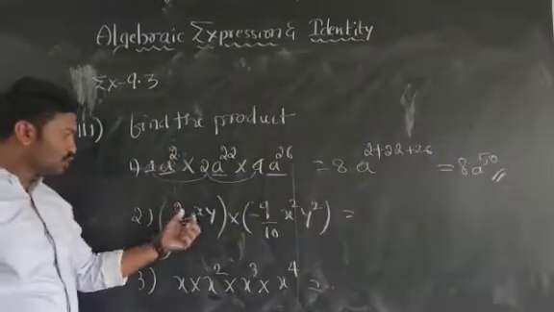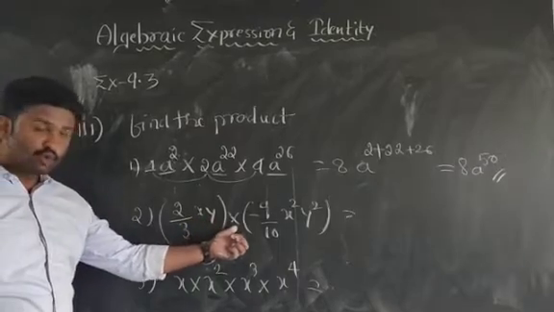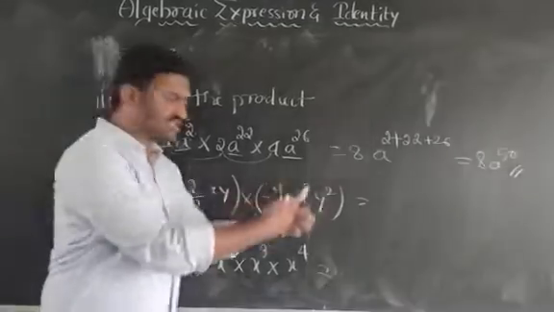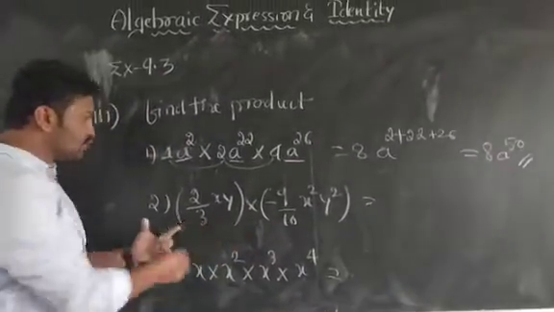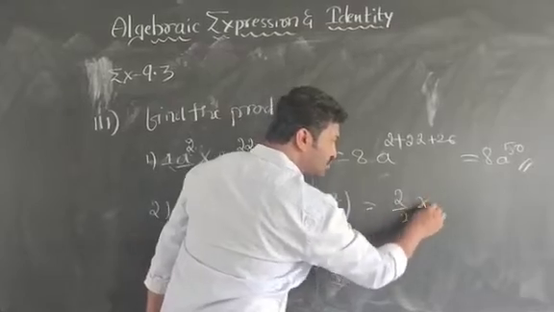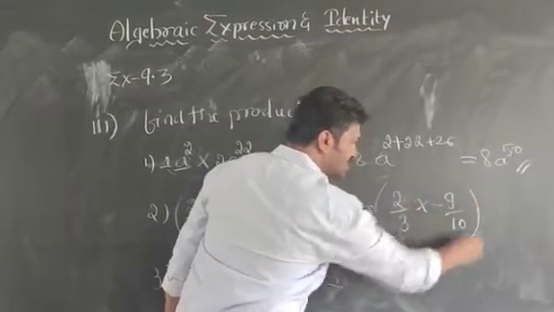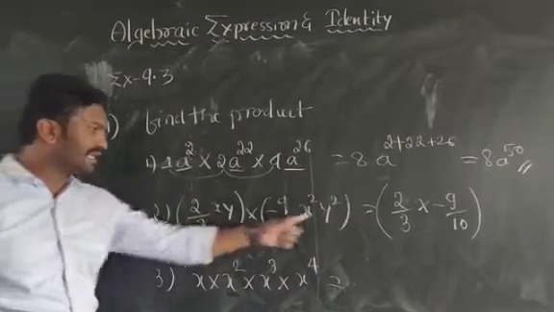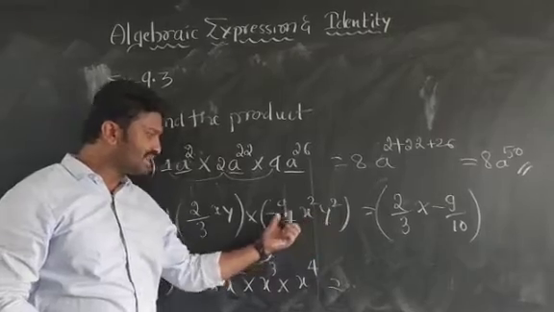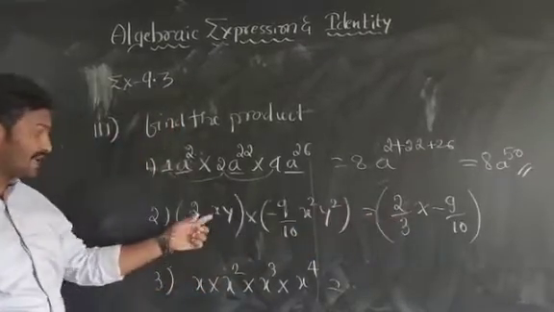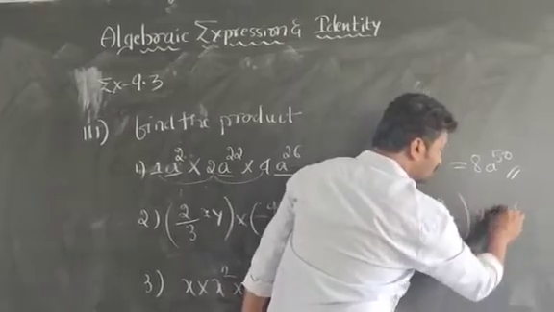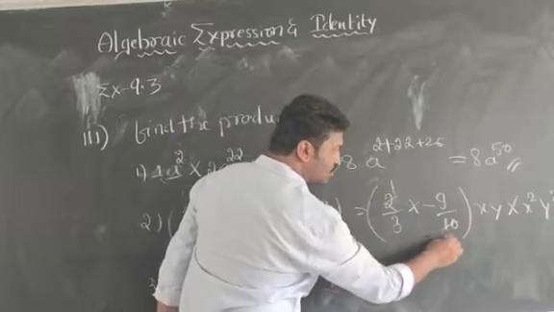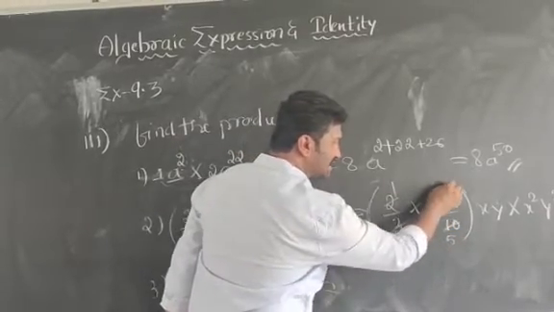And next, here 2 by 3 xy into minus 9 by 10 x square y square. First I will write the numerical factors in these two: 2 by 3 into minus 9 by 10 is the numerical factor, right? The coefficient of xy is 2 by 3 and the coefficient of x square y square is minus 9 by 10. And what remains? xy into x square y square. 2 ones are 2, 5 twos are 10, 3 ones are 3, 3 threes are 9.